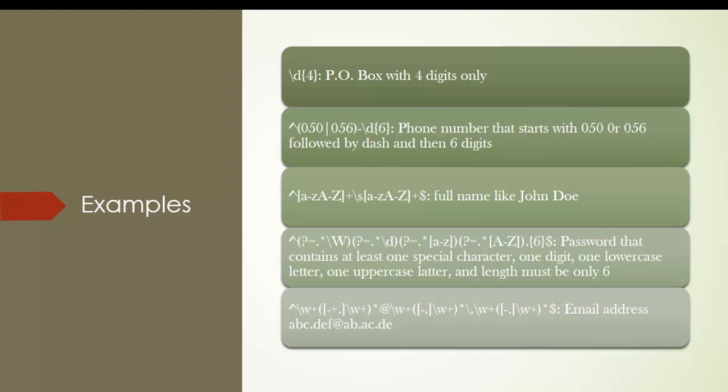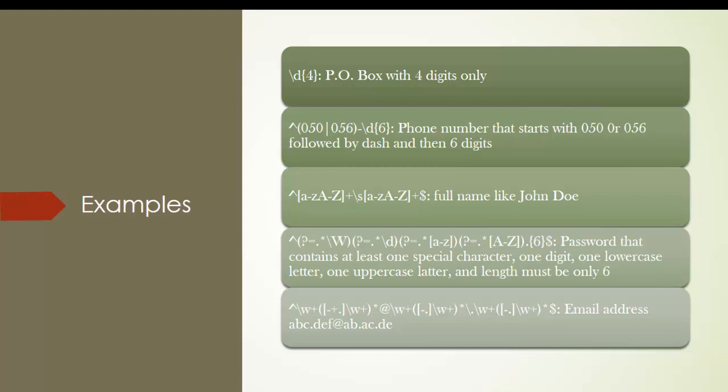So this would be the \w. The plus sign means that I need at least one. So I need at least one of these characters. Then you have examples like abc.def or abc-def, or you can have even abc-def-hij.